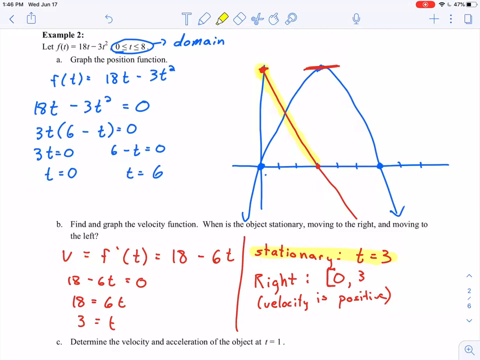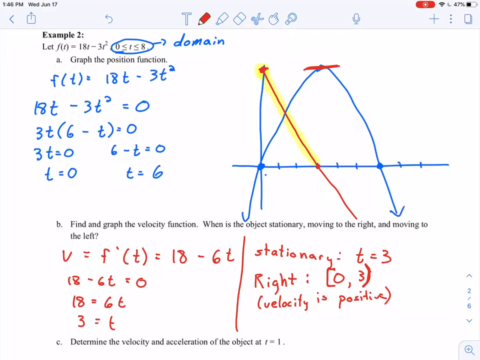It's not moving. So it can't be stopped and moving to the right. It has to be one or the other. So we're going to say this object is moving to the right from 0 to 3, but not including 3. The way we're going to do that is we're going to use parentheses to show that 3 is not included in the set. So there's where it's moving to the right.